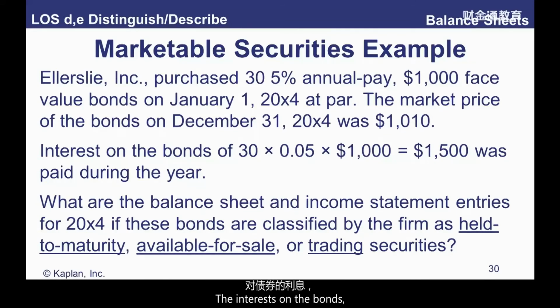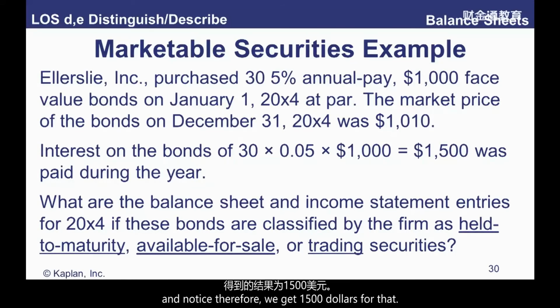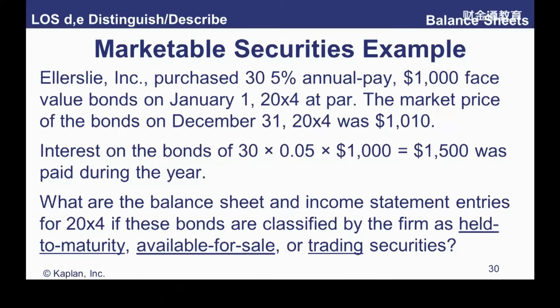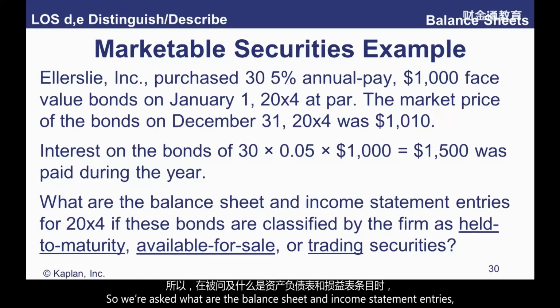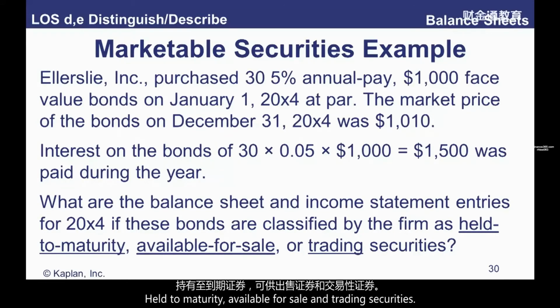The interest on the bonds, well, let's take our 30 bonds times the coupon rate of 5% times their par value, and notice therefore we get $1,500 for that. And that was paid during the year. So under all three methods, we're going to see the interest on bonds hitting our income statement. So we're asked what are the balance sheet and income statement entries, and we're going to look at the three methods: held to maturity, available for sale, and trading securities.